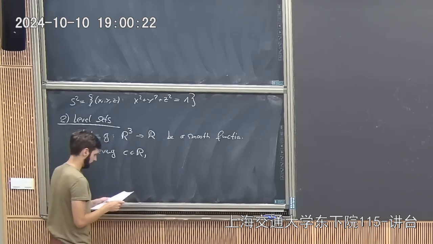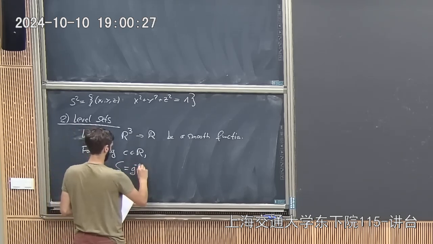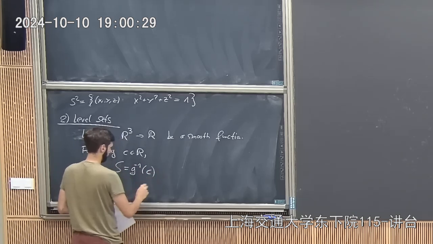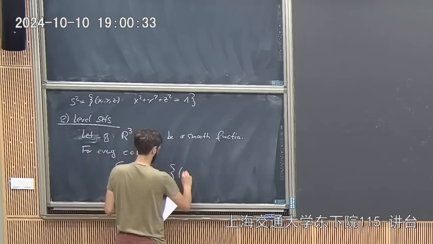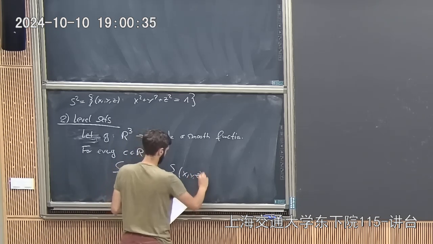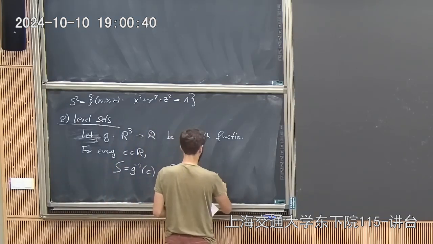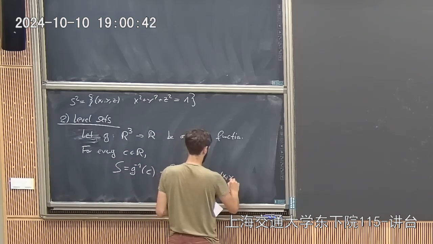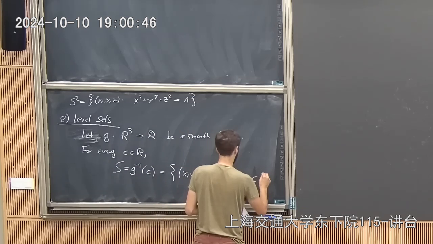And then we consider the level set, and this one is the inverse image of the function under c, and this one has exactly this property that the function g cuts out certain points.